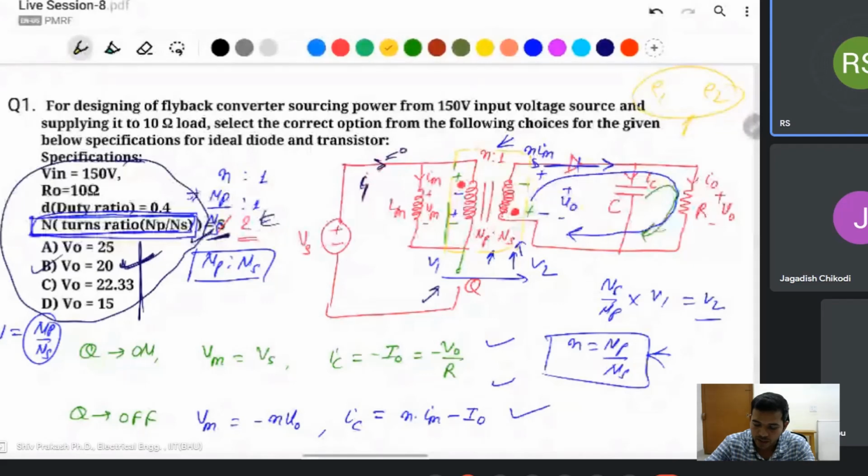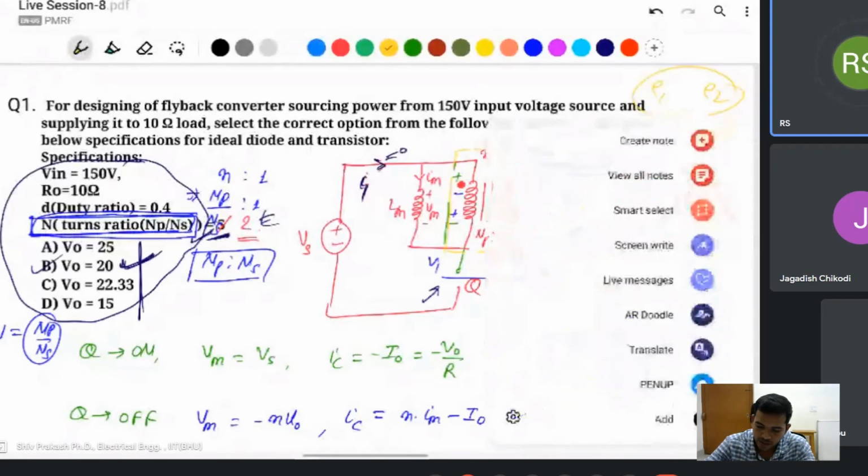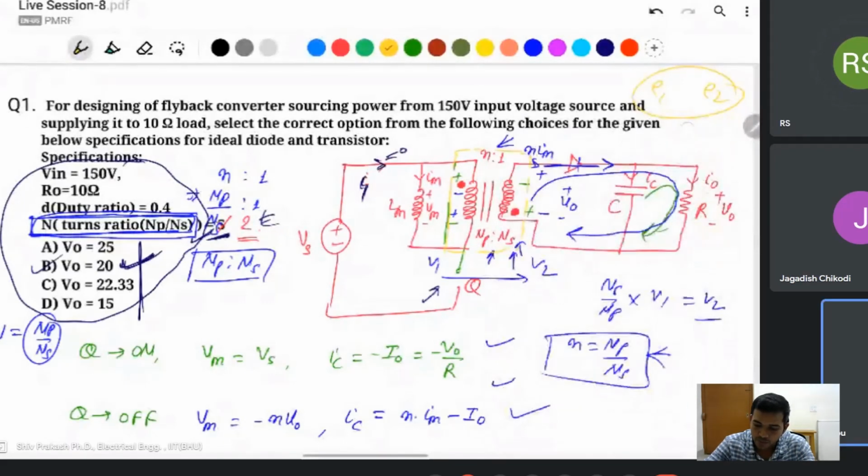Because of this, it shows like a primary inductance. Primary inductance E1 is L di by dt, and the same can be written in a transformer as N d phi by dt. That's why you leave the inductance of the primary side and secondary side.